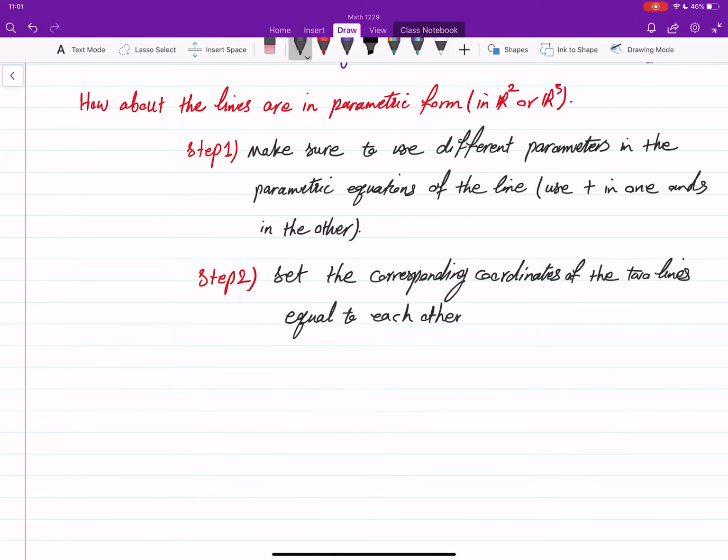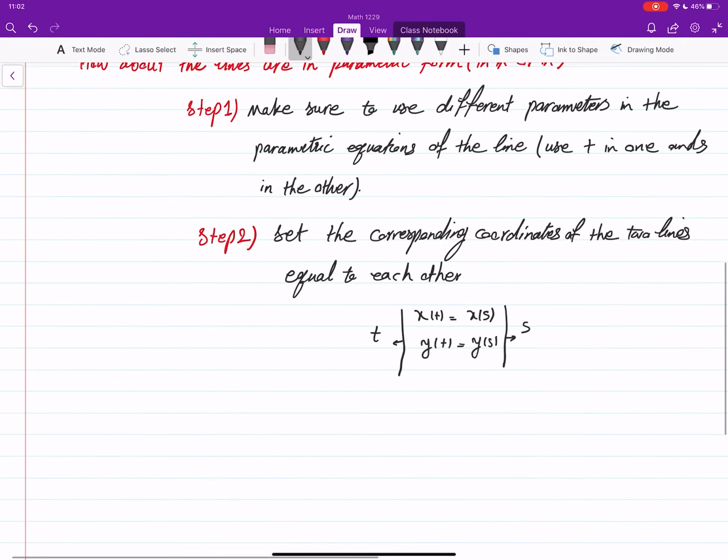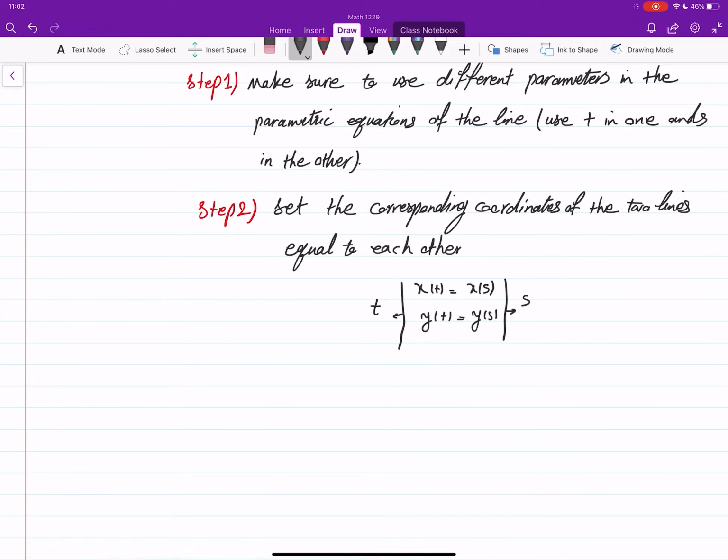Meaning, pick the x coordinate from one, which depends on t, and set it equal to the x coordinate from the other one; the y coordinate from one and the y coordinate from the other one. One is in s, the other one is in t. So these are just different equations. Now that you have those, you can solve those equations.